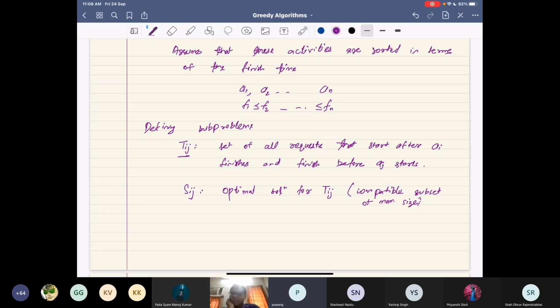Do I need to know the subset or something else? What is my final solution here? The number of elements in the subset? Yes, I want to maximize the size of this subset. So corresponding to this, let's say my final solution is Cij, and that is nothing but the size of Sij. And of course, I want to maximize this Cij.